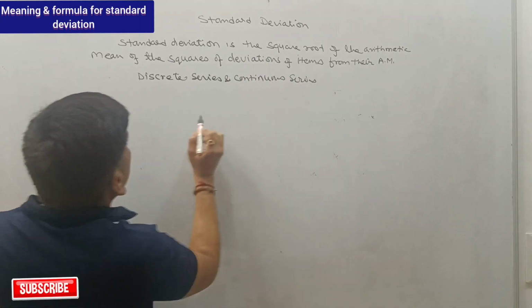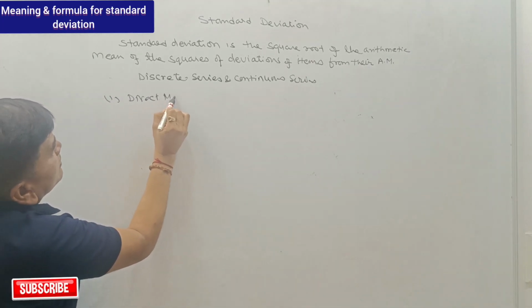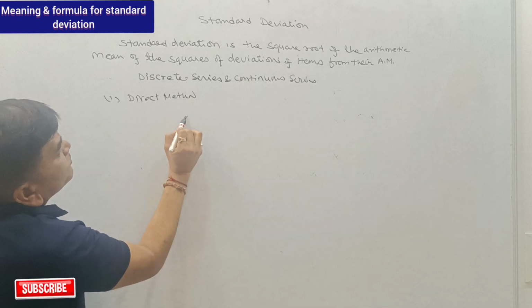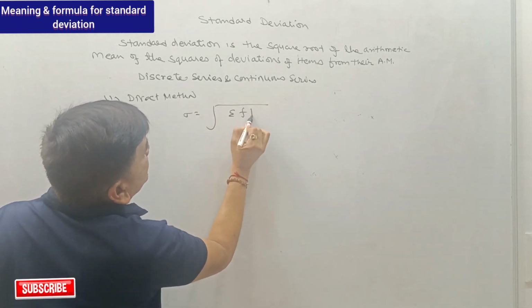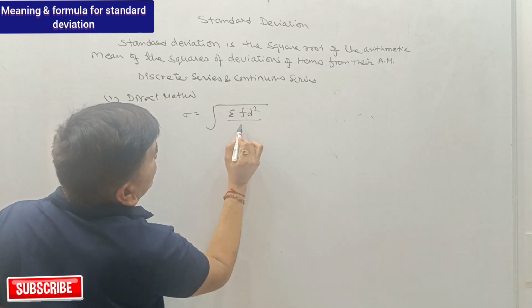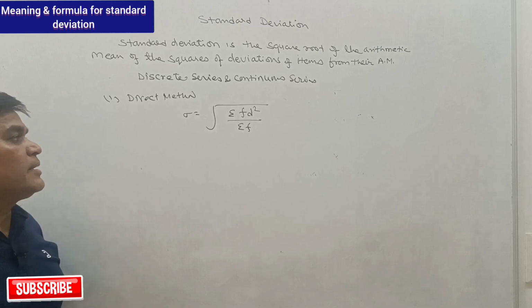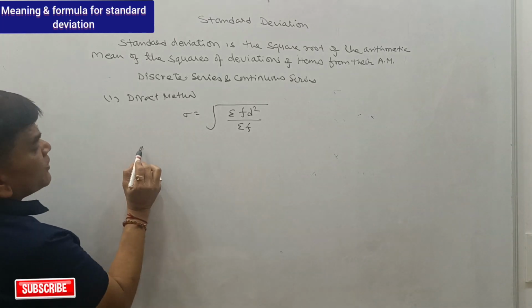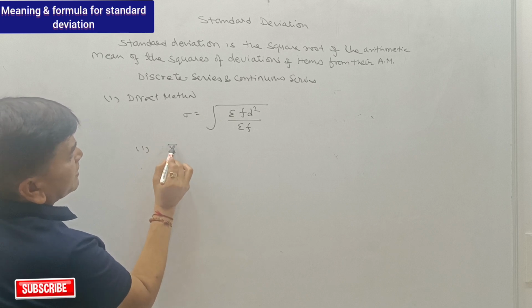In case of continuous series or discrete series, the first one is the direct method. We use the formula sigma f d square divided by sigma f, under the square root. For the direct method, the very first we calculate x bar.